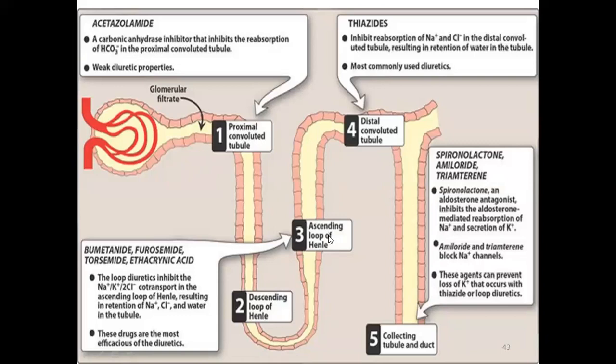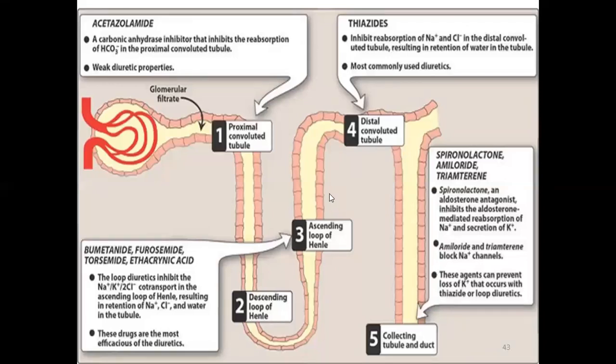This is the place where the majority of sodium and water absorption is carried out. Because of this, loop diuretics are known as high-ceiling diuretics, because they are very effective at causing diuresis and reducing blood volume.